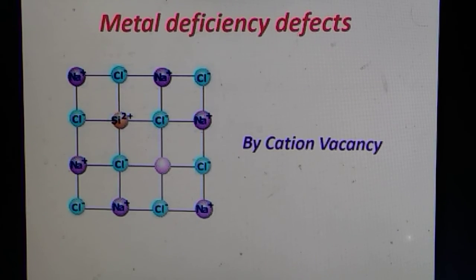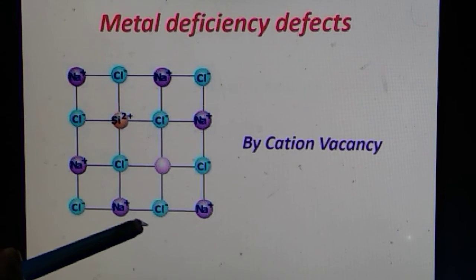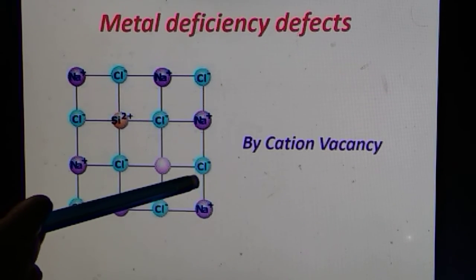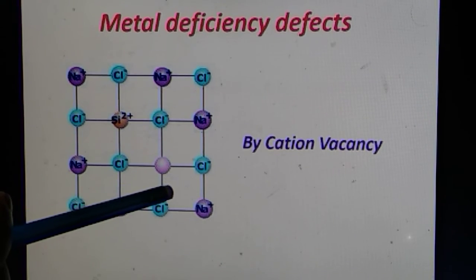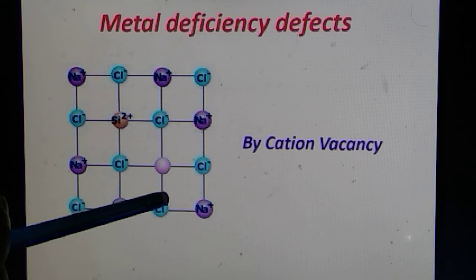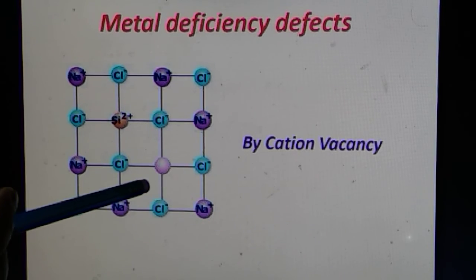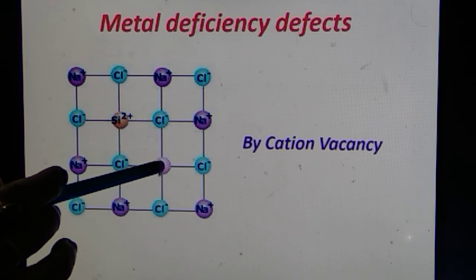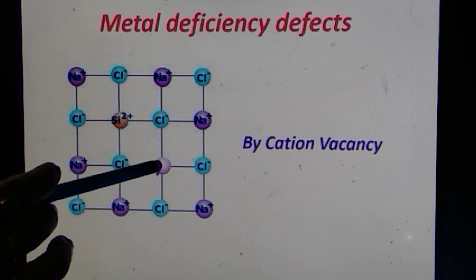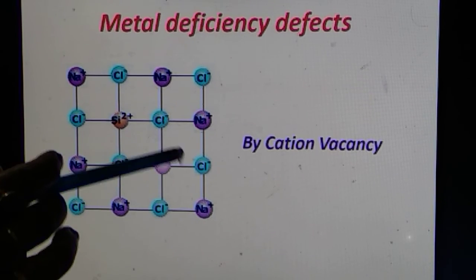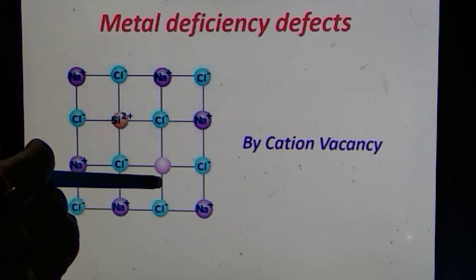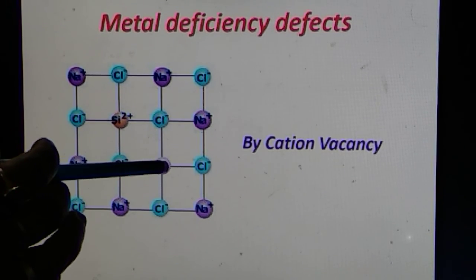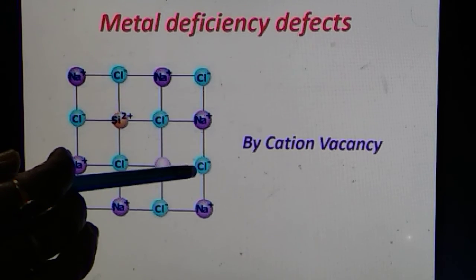They act as semiconductors because of the normal electrons present in the metal excess defect, and the metal deficient compound conducts electricity through the positive hole conduction mechanism, because a positive charge is missing here. So these solids conduct electricity through the positive hole conduction mechanism.